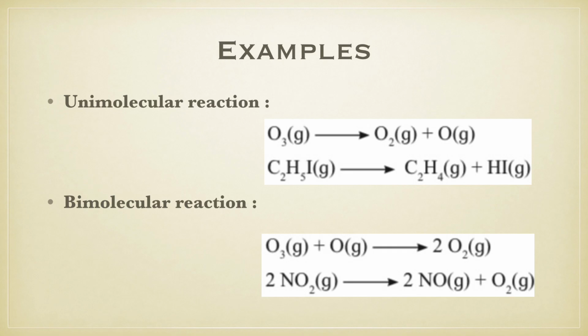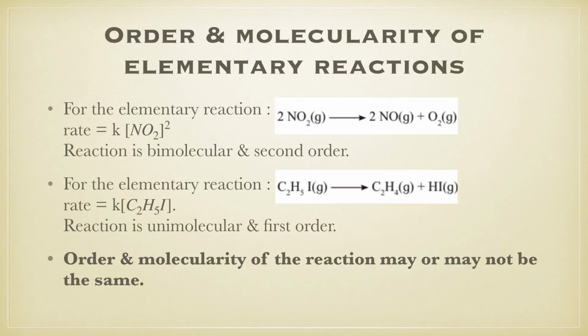One more thing, remember, molecularity is said to be a theoretical property, whereas order of the reaction is said to be an experimental property. This is very important. Now we'll learn the order and molecularity of elementary reactions. The first one, for the elementary reaction 2NO2 going to 2NO plus O2, the rate law is given as rate is equal to K into concentration of NO2 raised to 2.